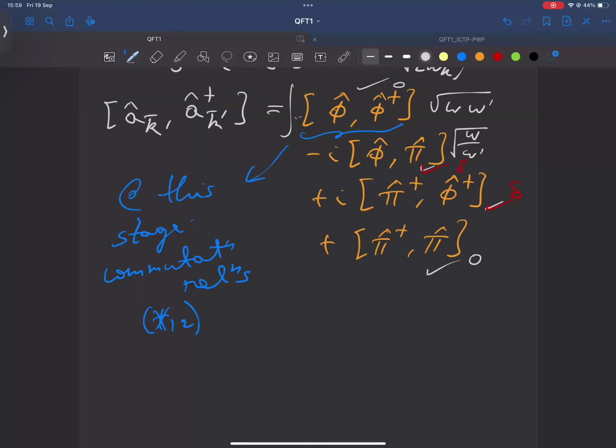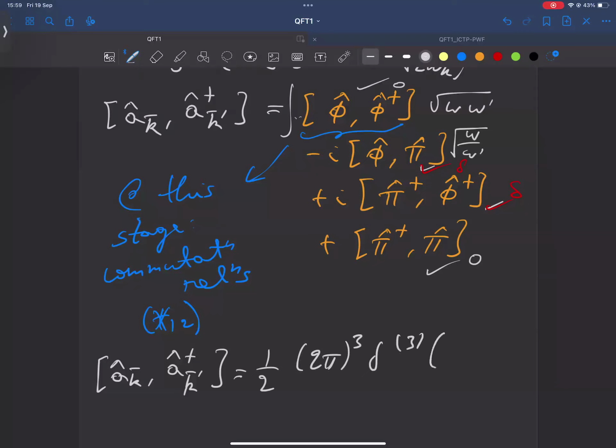So using that, you can now write down a k, a dagger k prime equals half 2 pi cubed delta 3 k minus k prime e to the power i omega k minus omega k prime t.